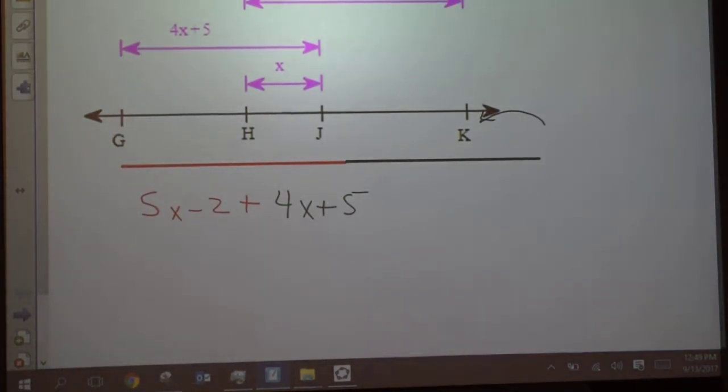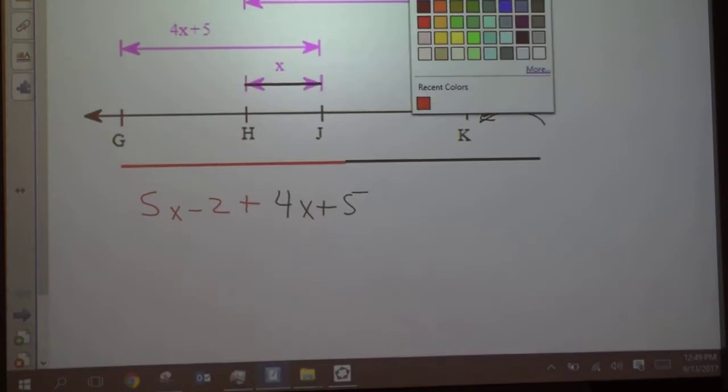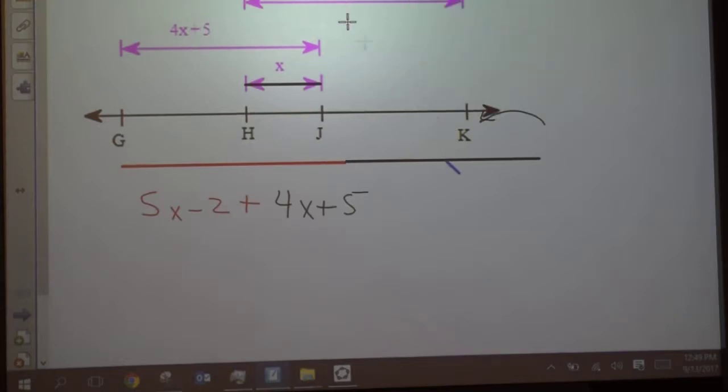And the reason for that is that x here, let's make that blue, that segment there shows up right there in the 4x plus 5, right?